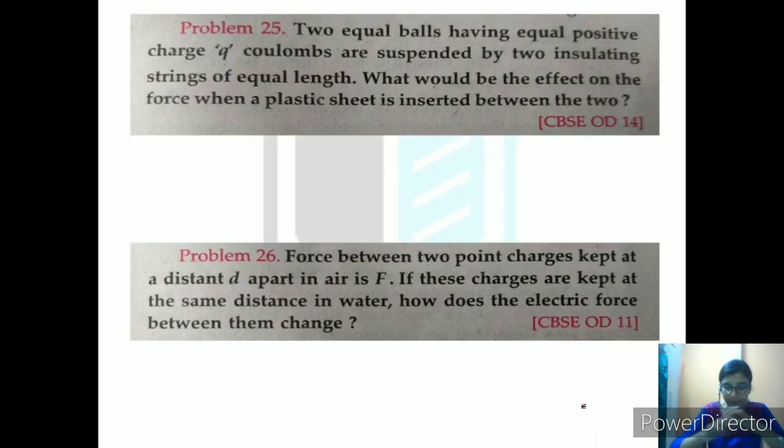So here the first question says what? Two equal balls having equal positive charge q coulombs are suspended by two insulating strings of equal length.